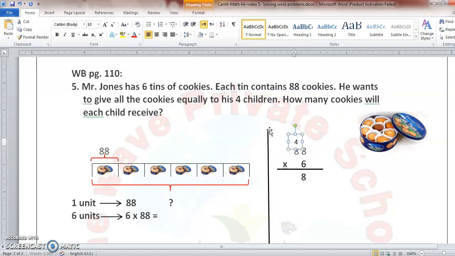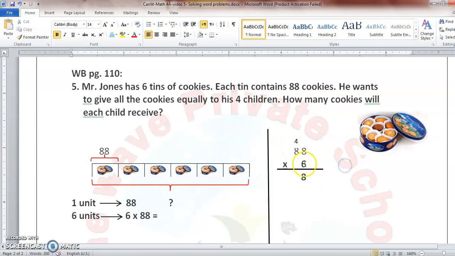Then next is 6 times 8, 48, plus 4. The answer here is 52. So the answer is 88 times 6 equals 528. So 6 times 88, the answer here is 528 cookies.